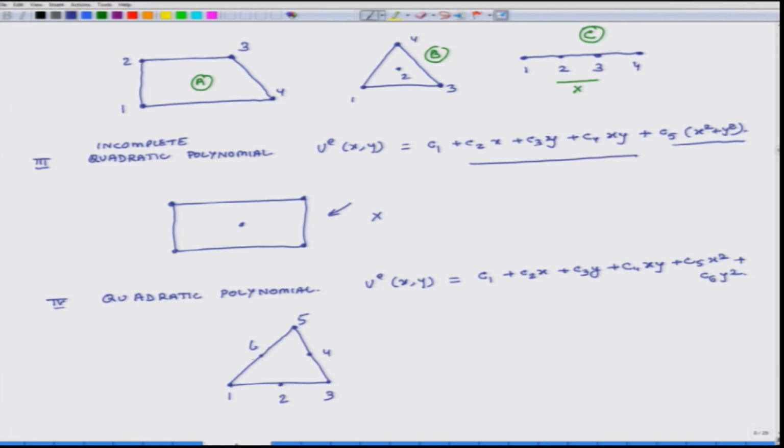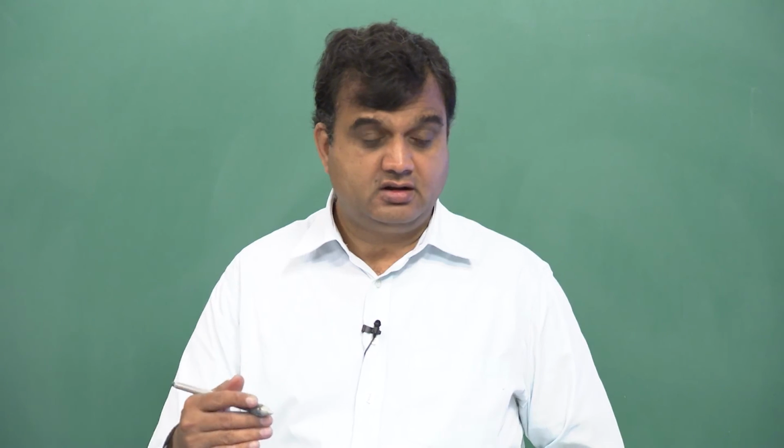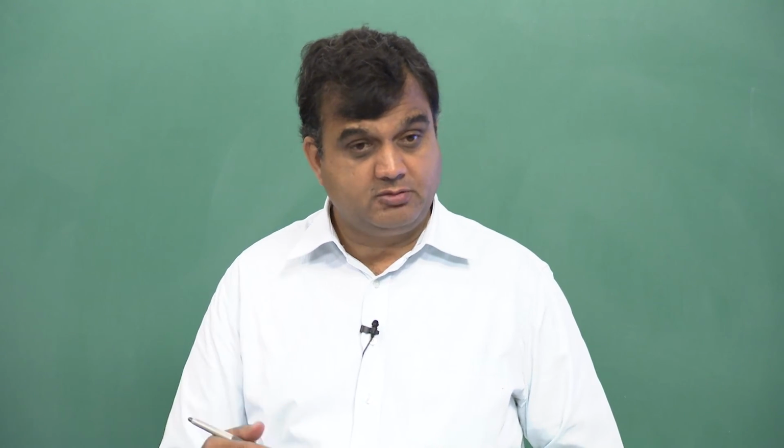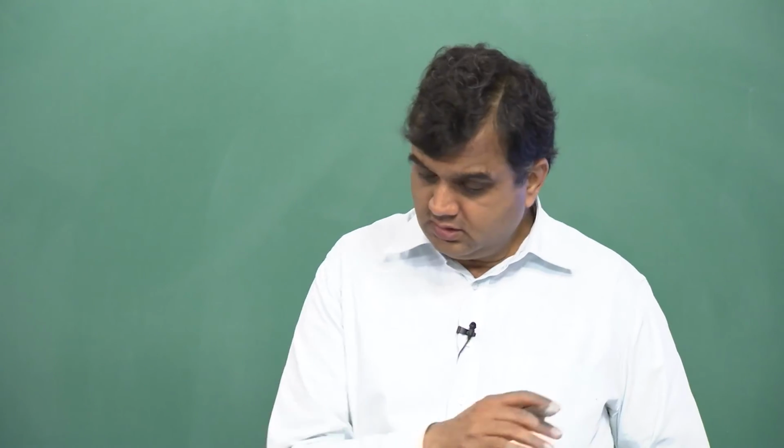Same thing on the third edge. So, this is a quadratic triangle. The first triangle which we had discussed was a linear triangle. So, like this we can develop quadratic, quadrilateral and higher order elements in this way.